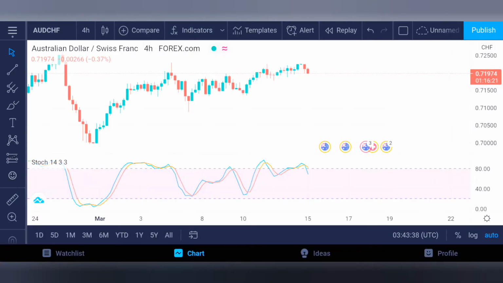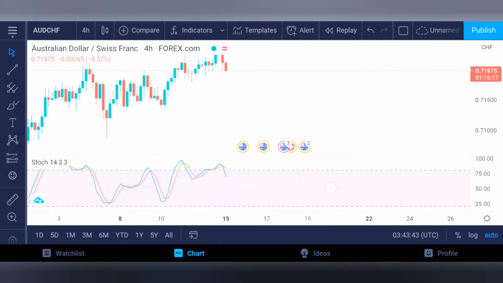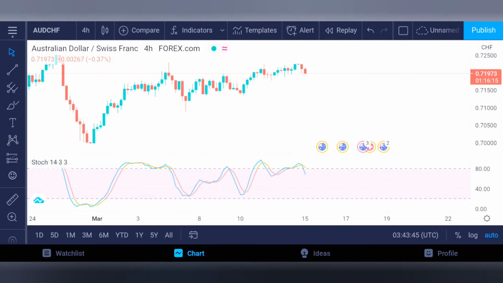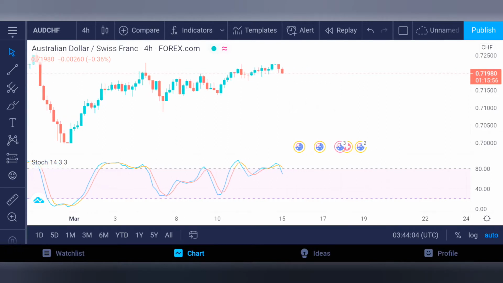Okay, so it's also very similar. The concept is the same, just that this one has two lines, a blue and an orange line. When price gets above 80, it's said to be overbought, so you want to sell. When price gets below that 40 region, it's said to be oversold, so you want to buy. Basically, it's usually used to call reversals.